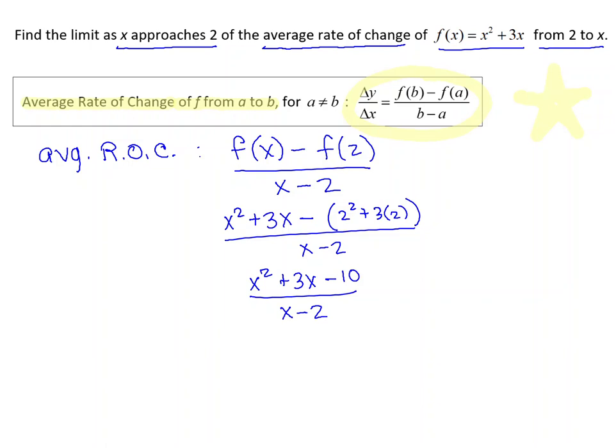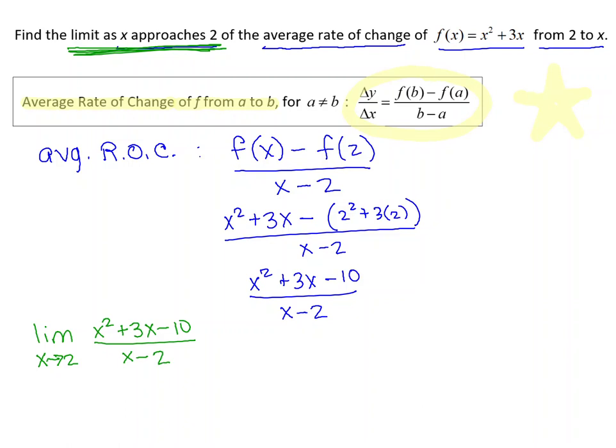Now we will apply the limit as x approaches 2. The limit as x approaches 2 of this rate of change that we just wrote, x squared plus 3x minus 10 over x minus 2.